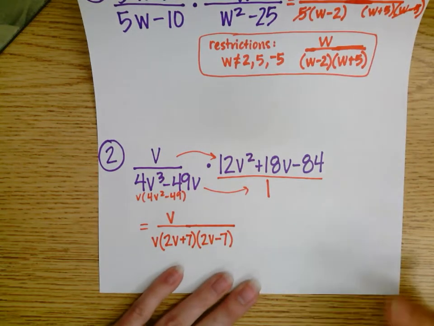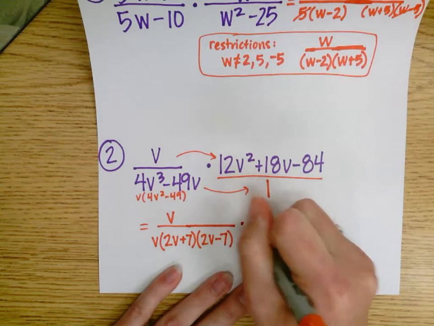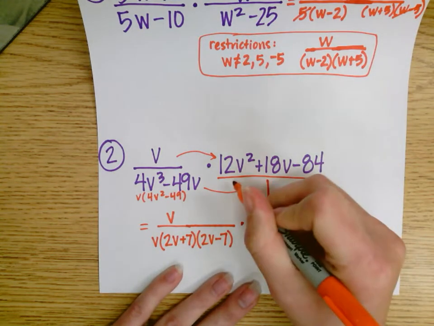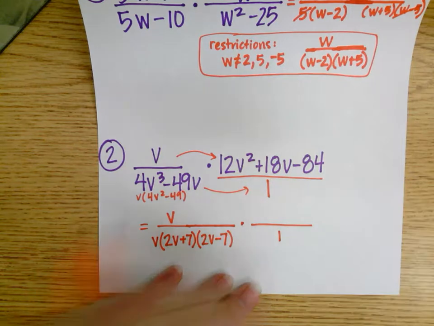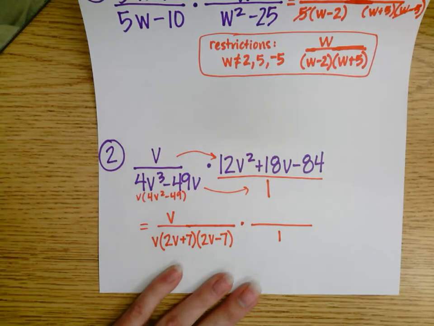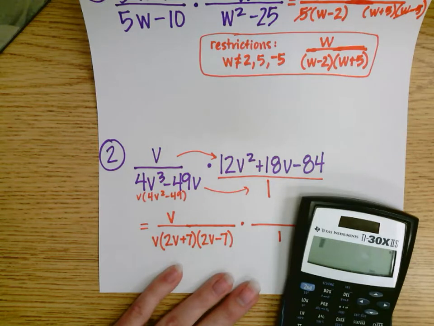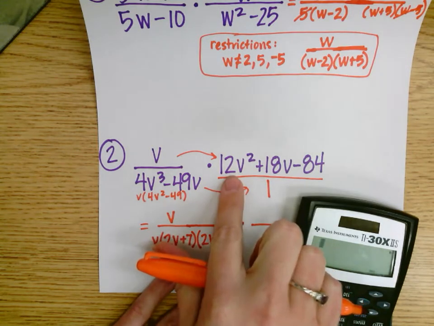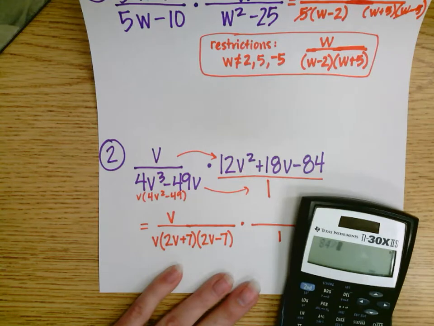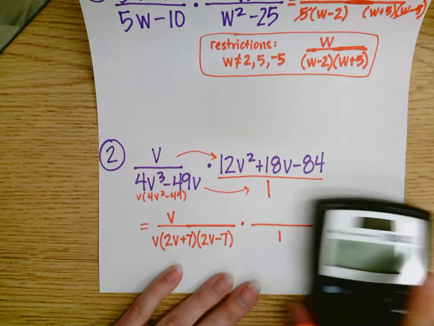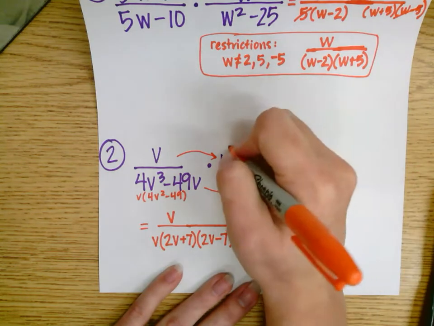Alright, here I'm going to have this over 1, and then let's see, greatest common factor, looks like I can divide by 2. Let's see if I can divide by something bigger. I know that's divisible by 6, that's divisible by 6, is 84 divisible by 6? It is. I think that'll be the most that I can factor out though.